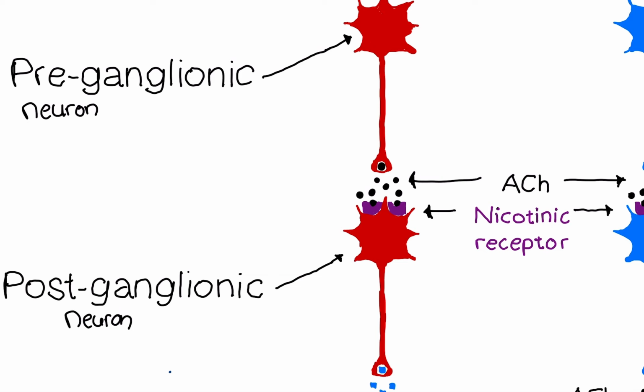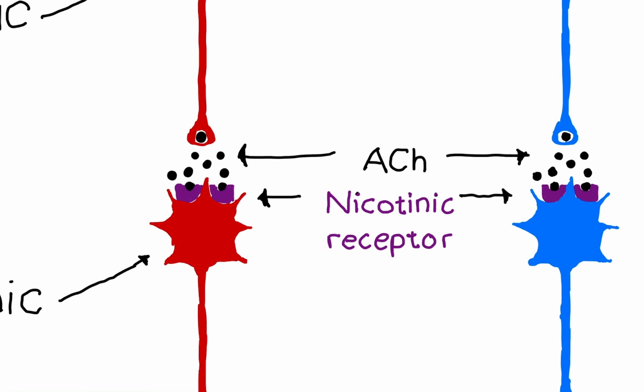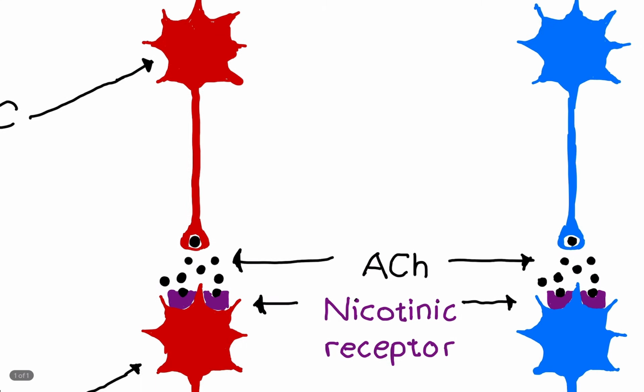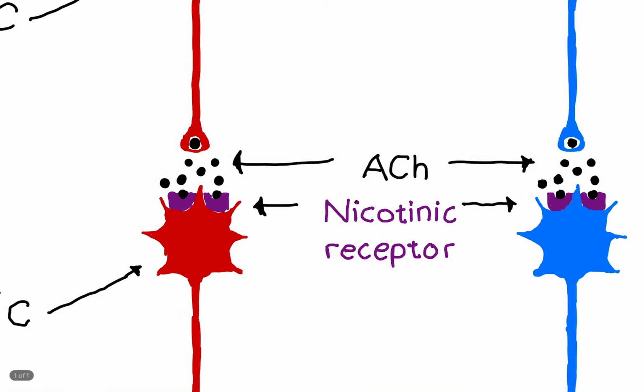This postganglionic neuron has nicotinic receptors just like the parasympathetic system. Exact same. The preganglionic neuron also secretes acetylcholine from the synaptic terminal. They are absolutely identical in this stage.